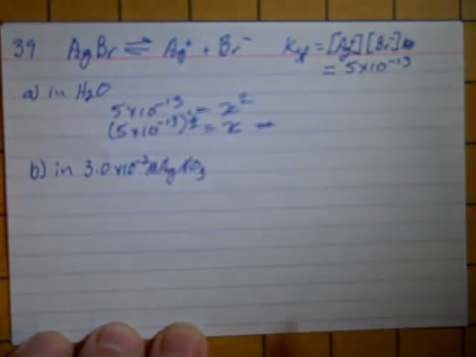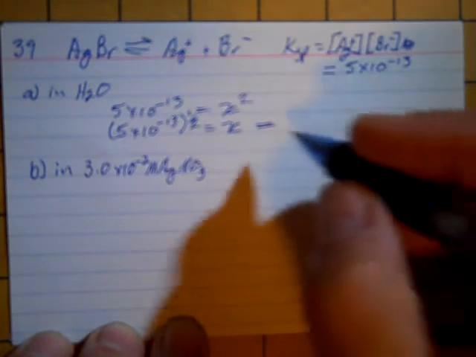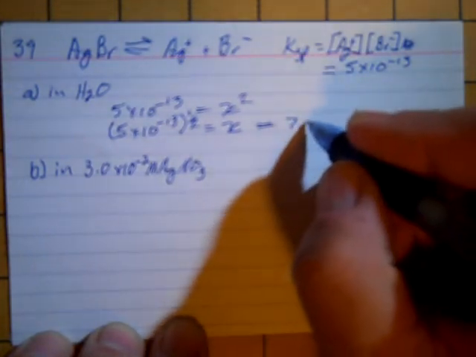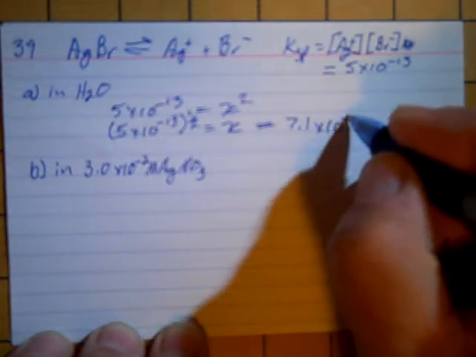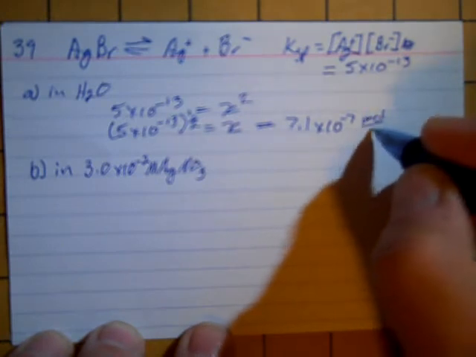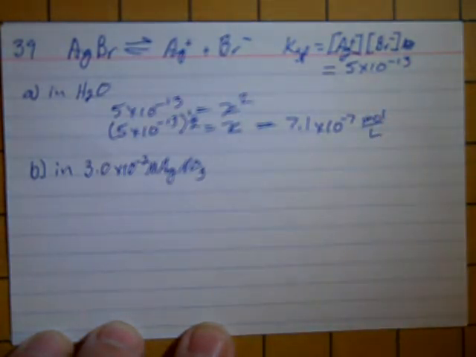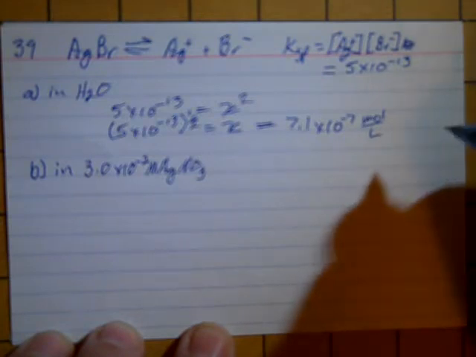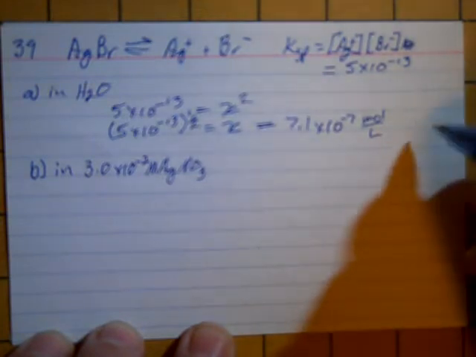And that equals 7.1 times 10 to the minus 7 moles per liter. That's how much silver bromide will dissolve.